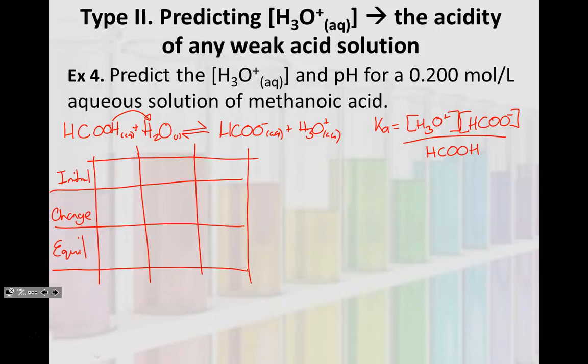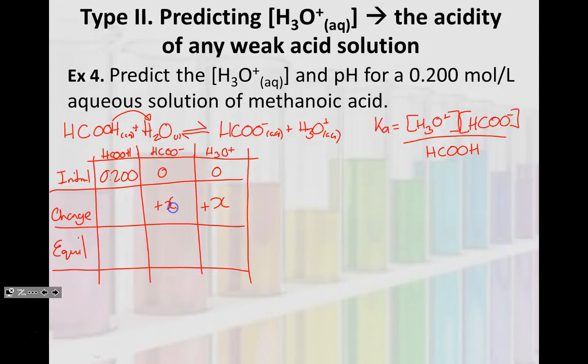The only piece of information we're given here is that the original concentration of methanoic acid is 0.200. They don't give me the pH, they don't give me the hydronium ion concentration. Because they don't give me either of these, these would always be 0. But I don't know how much it has changed by, so we just put an X here.